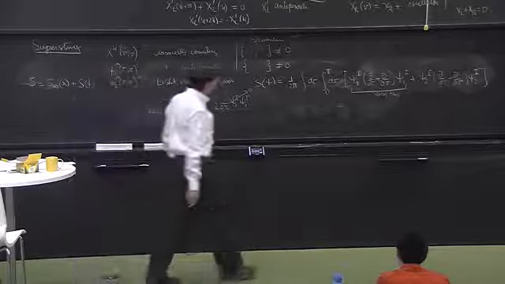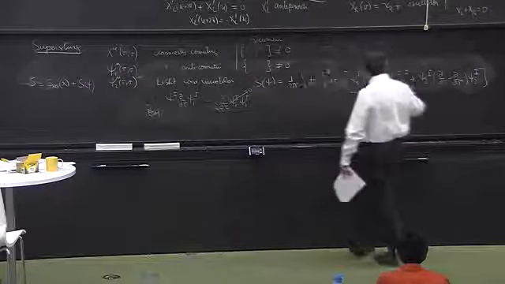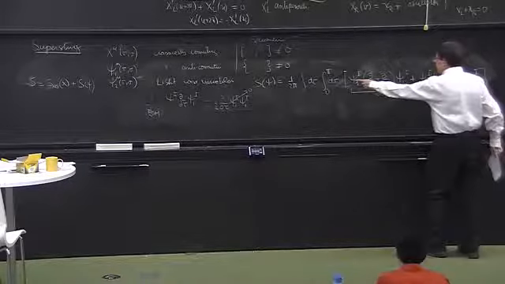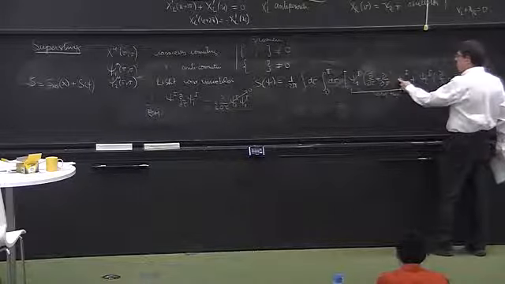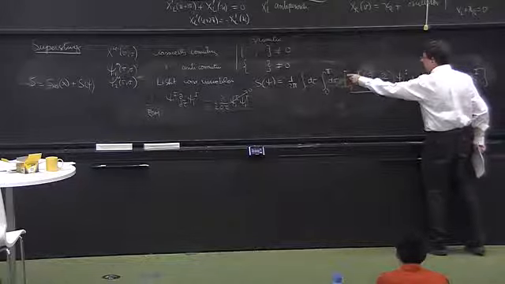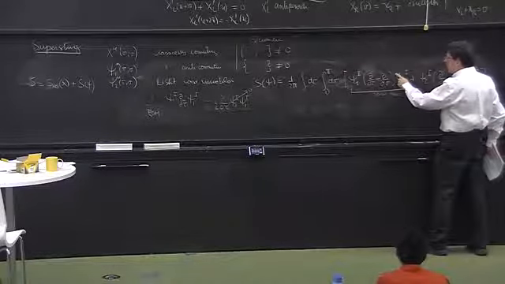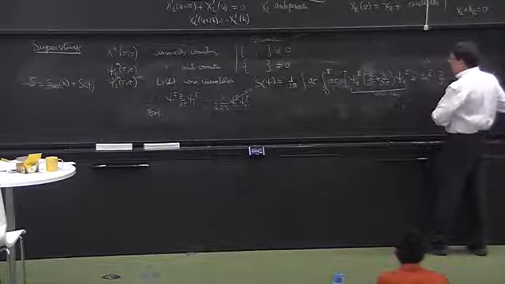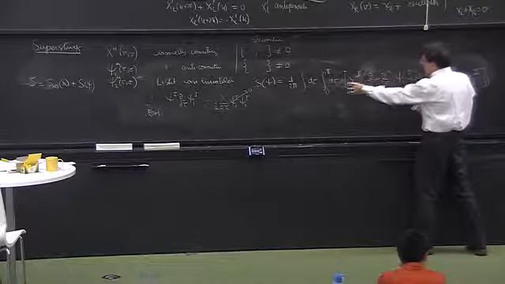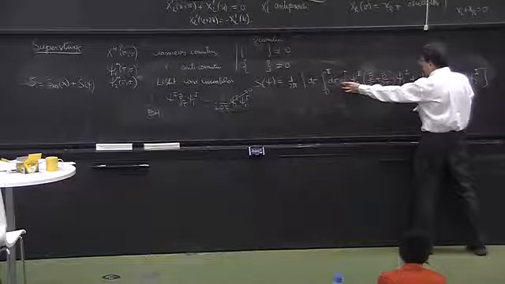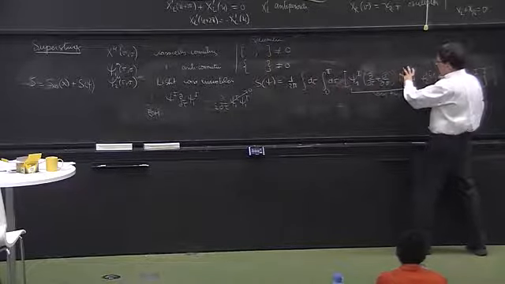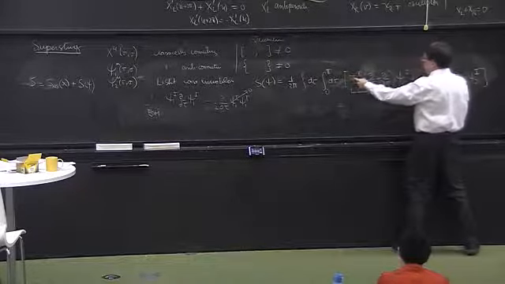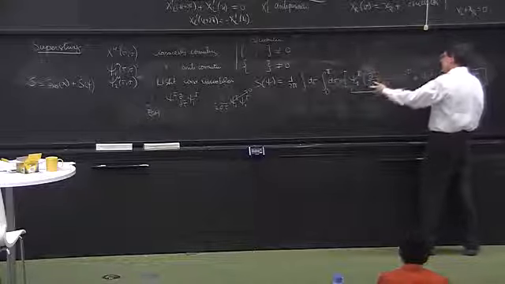So a couple of things we can notice. We're going to have to vary this one, and then we're going to have to vary this one. This one is standard. You vary this. But when you vary this, you have to integrate by parts. And you're going to get a minus sign when you integrate by parts. And then you're going to move the variation to the left so that it looks in the same position here, and that minus sign is going to cancel.